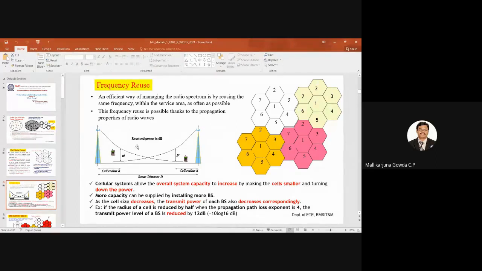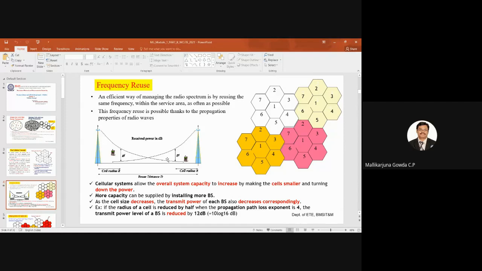An efficient way of managing the radio spectrum is by reusing the same frequency within the service area as often as possible. This frequency reuse is possible with the propagation properties of the radio wave.